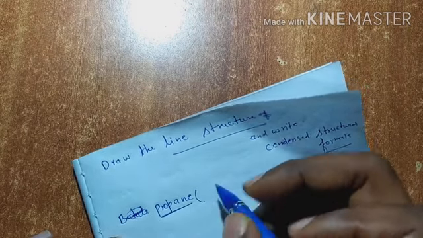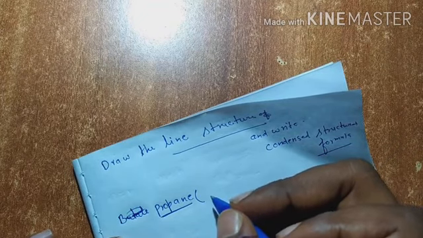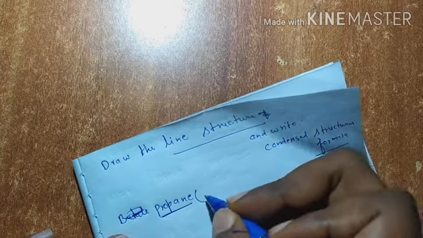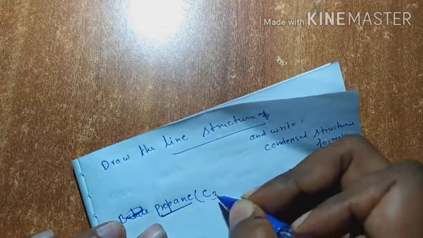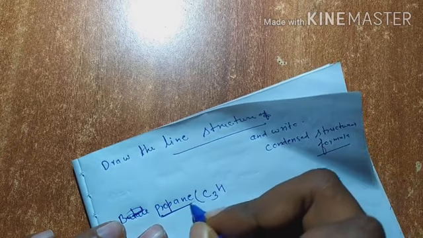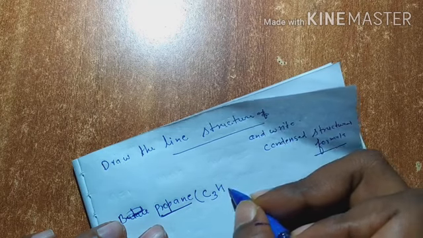Its molecular formula will be, prop means root word is 3, C3, suffix is ane, so just double plus 2, 3 to the 6 plus 2, that is 8.